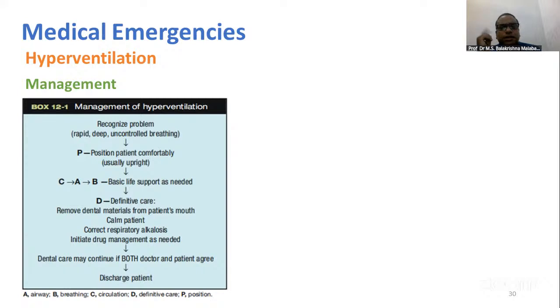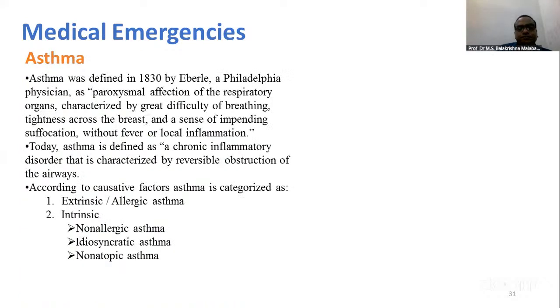In hyperventilation, the problem is recognized, make the patient comfortable, and then calm the patient, correct respiratory alkalosis, and then if the patient is fine, dental care may be continued if it is required, and if both doctor and patient agree. Otherwise, dental treatment you can defer for a next period of time.